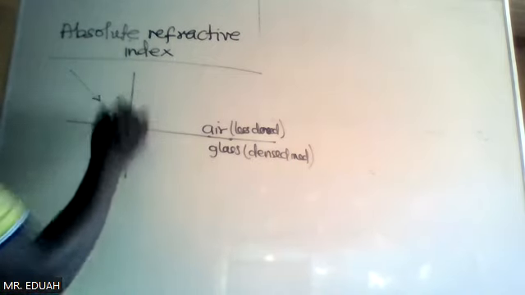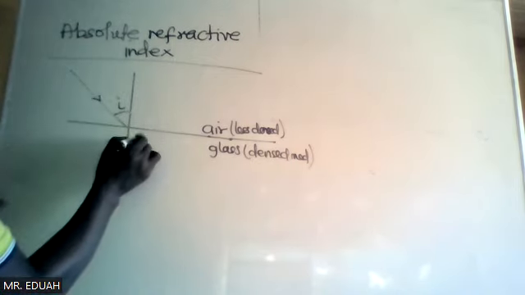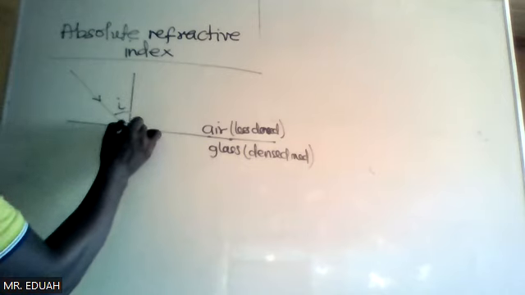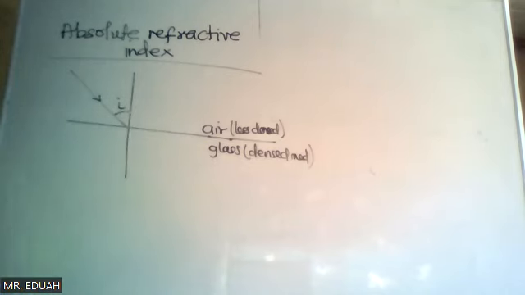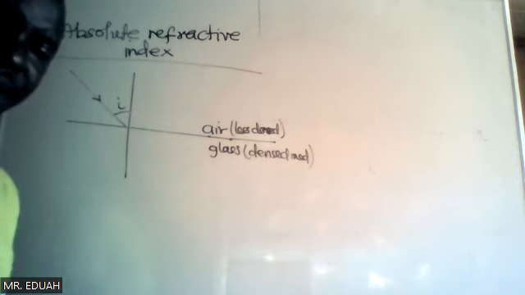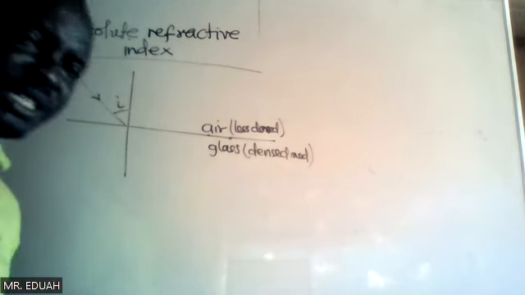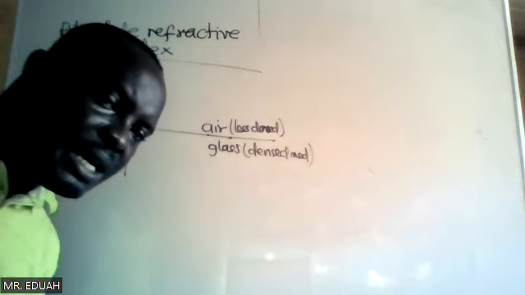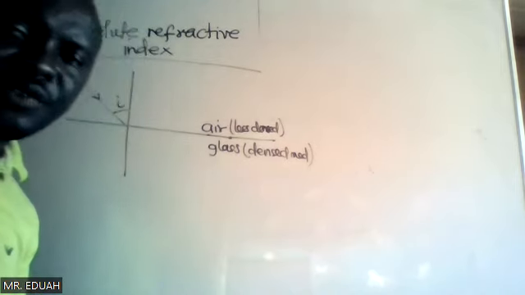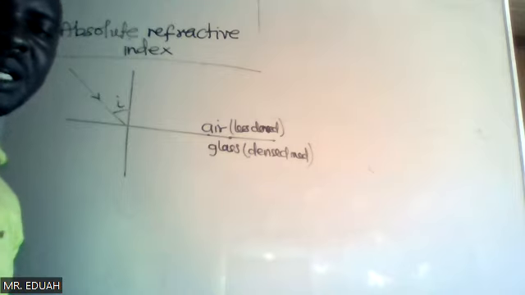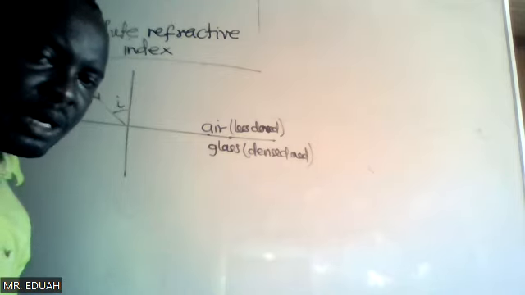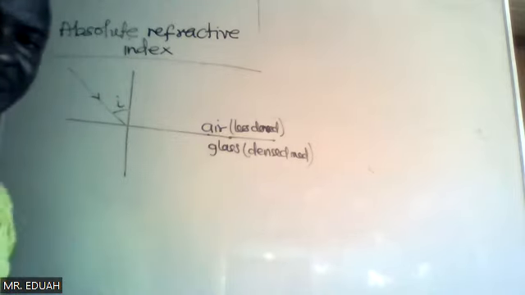when the light comes into the glass, each part will be deviated, right? But how would the deviation look like? Eresi, how would the deviation look like when the light is moving from air to glass?